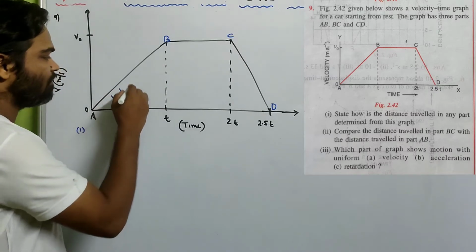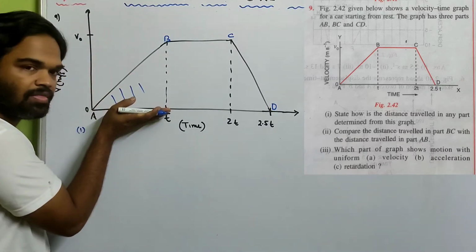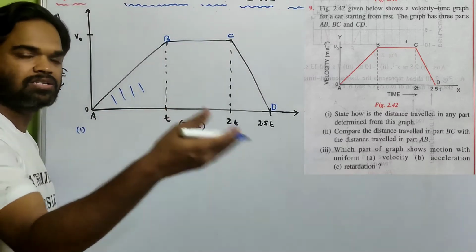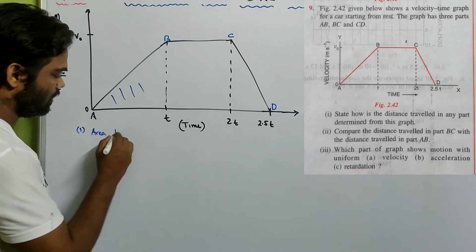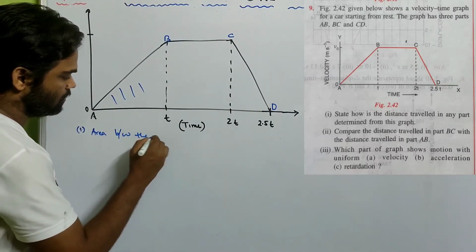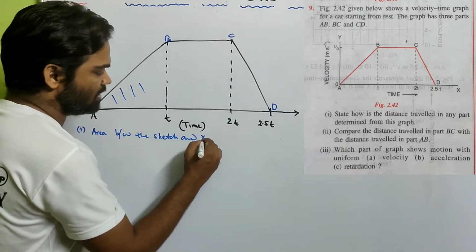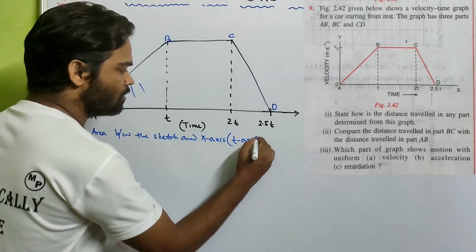We know, by finding the area between the sketch and the x-axis, or the time axis, both mean the same thing. We find the area and that is equal to the distance.